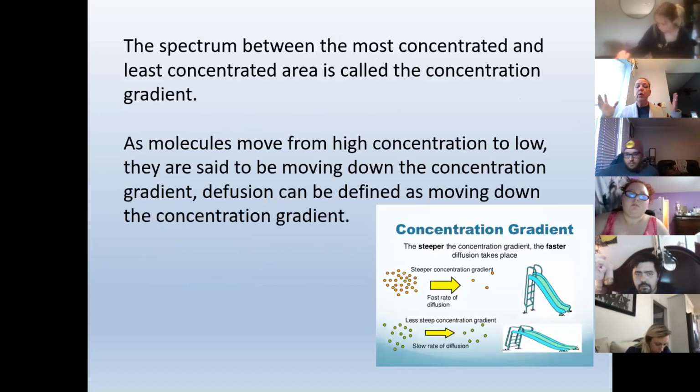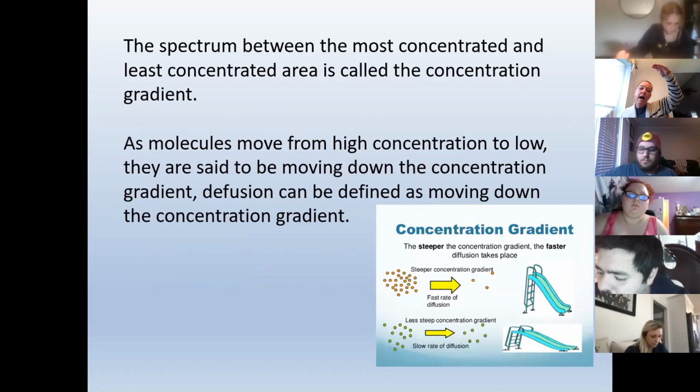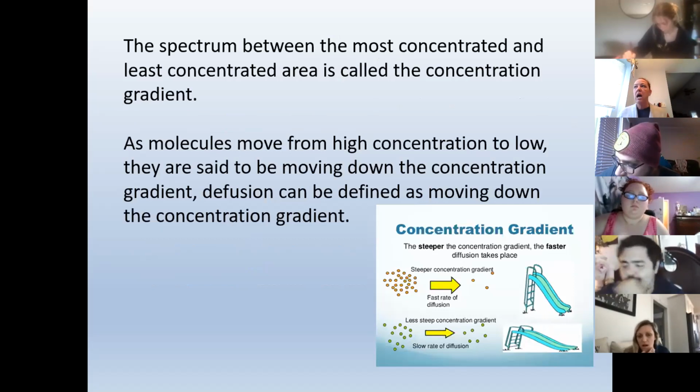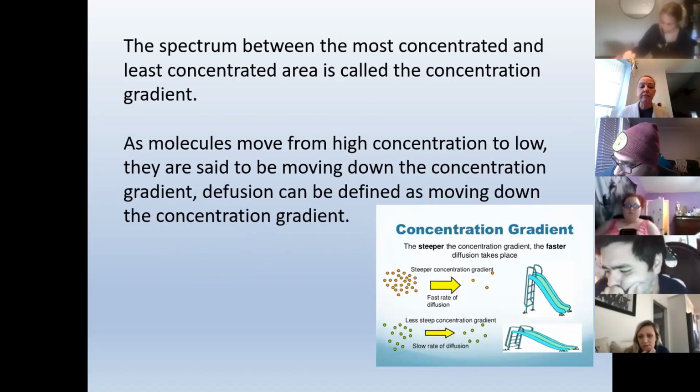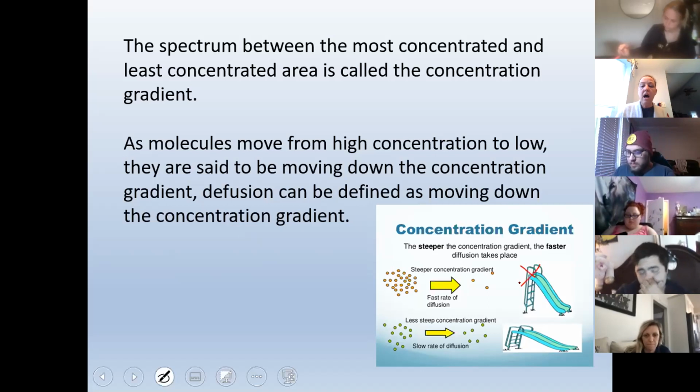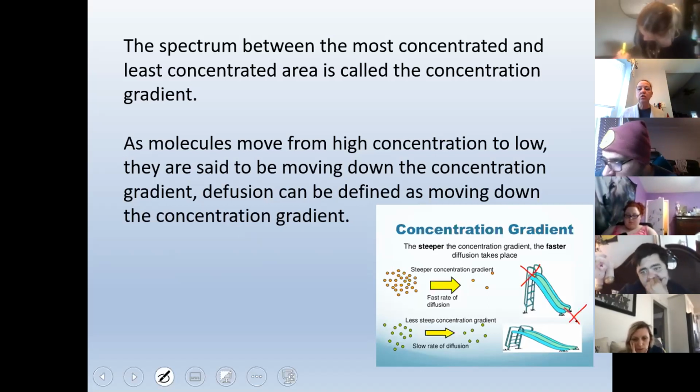The difference between the high and the low will determine how fast something moves. I love the analogy of the slide. Here I have the high concentration and the low concentration, and there's a really big difference between them, which means that you're going to slide very quickly down the slide.